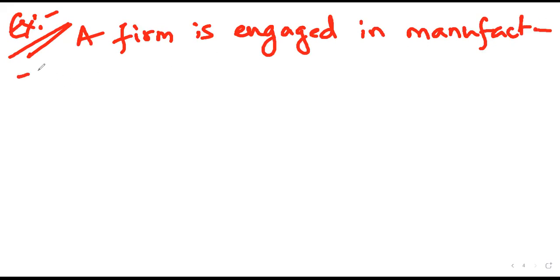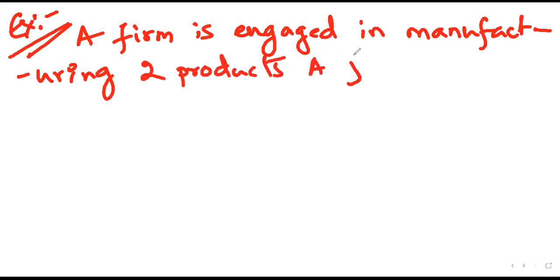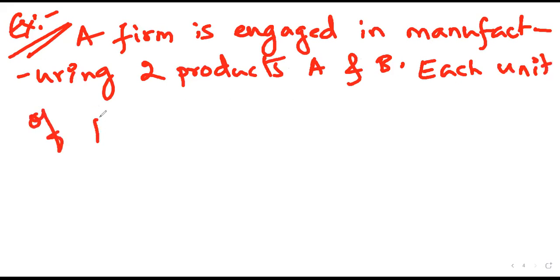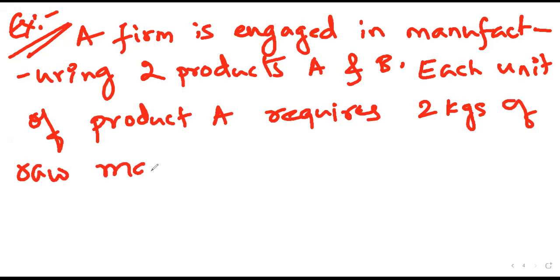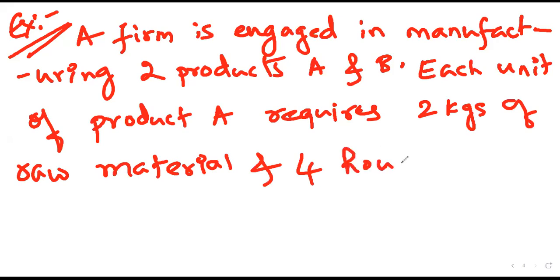Manufacturing products A and B. Each unit of product A requires 2 kgs of raw material and 4 hours of labor.